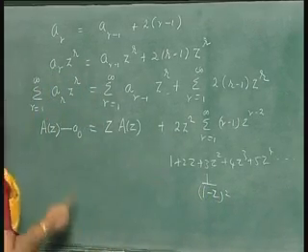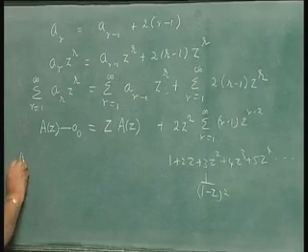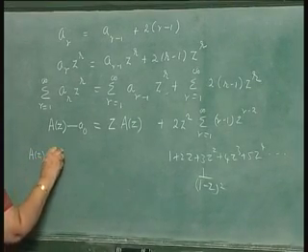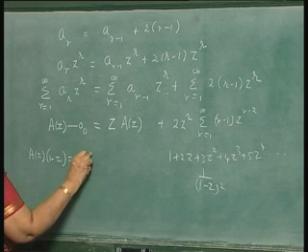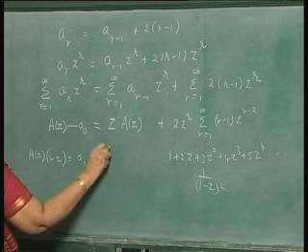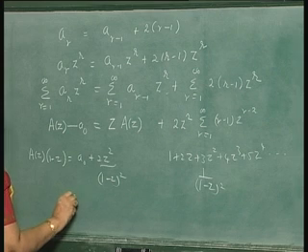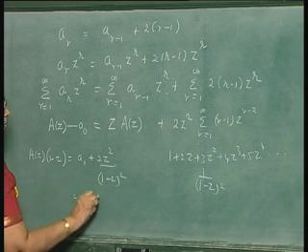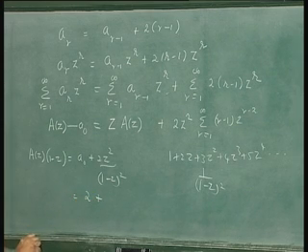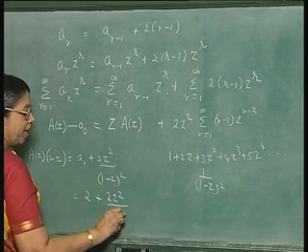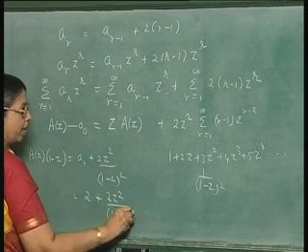So, making use of that here, you get A(z) into (1 minus z) equal to a0 plus 2z squared by (1 minus z) the whole square. But we have seen that a0 is just 2 and this is 2z squared by (1 minus z) the whole square.